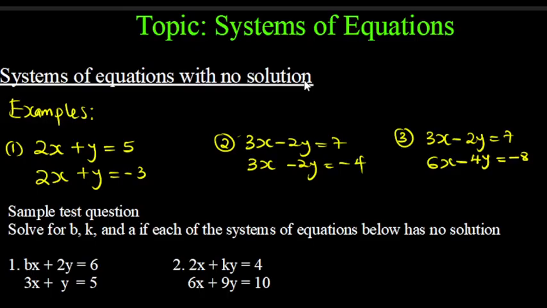Now, the first one we will discuss is systems of equations with no solution. Let's look at the examples here. Please, these questions are often tested on the SAT exam. In this one, you can see 2x plus y is equal to 5, and 2x plus y is equal to -3.